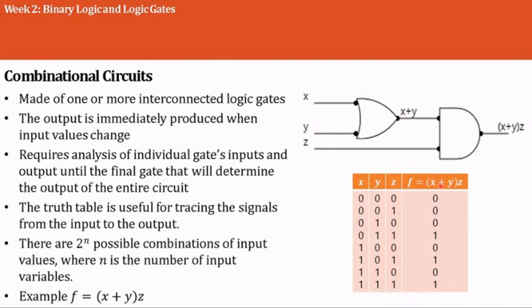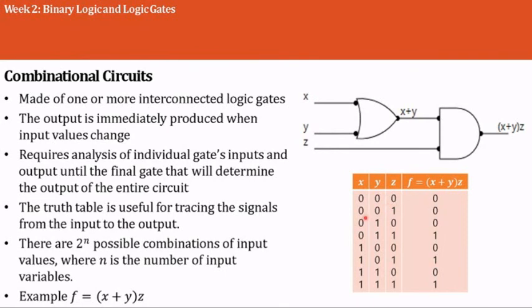So we do the OR operation first, followed by the AND operation. For example, we have 0, 0, 0. Let's say the value of X is 0. X or Y, 0 or 0, is 0. And then 0 and 0 is 0, so the output is 0.